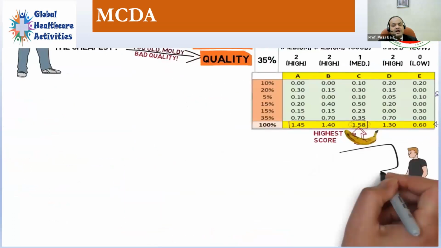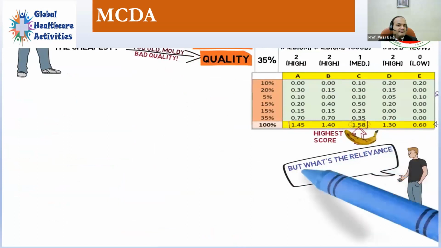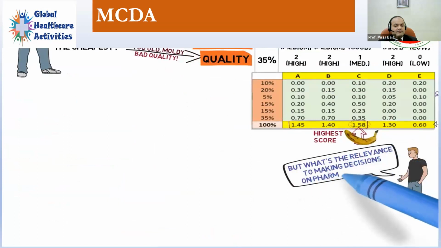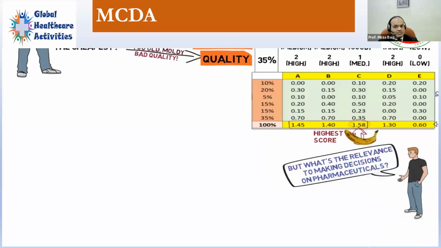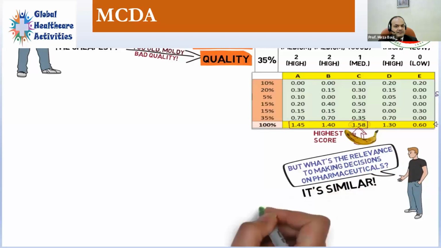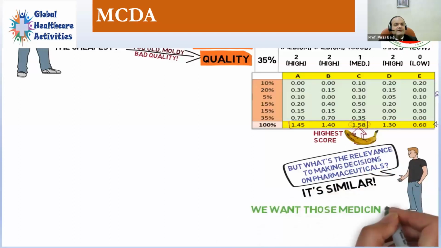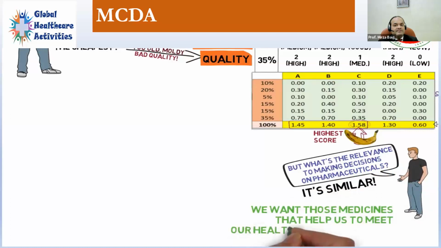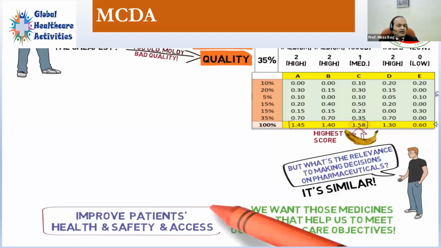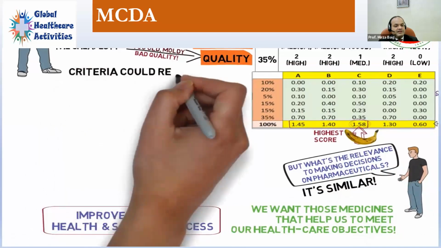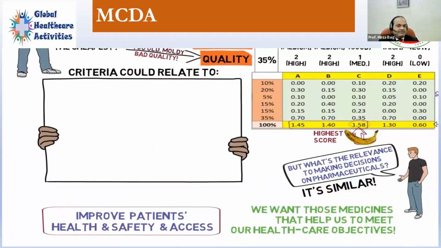Of course, we wonder how you compare medications this way, but there are some relevant bases for taking such decisions. It is very similar. We can develop certain criteria when selecting medications, which can get the best outcome and improve patient health and safety and provide better access.